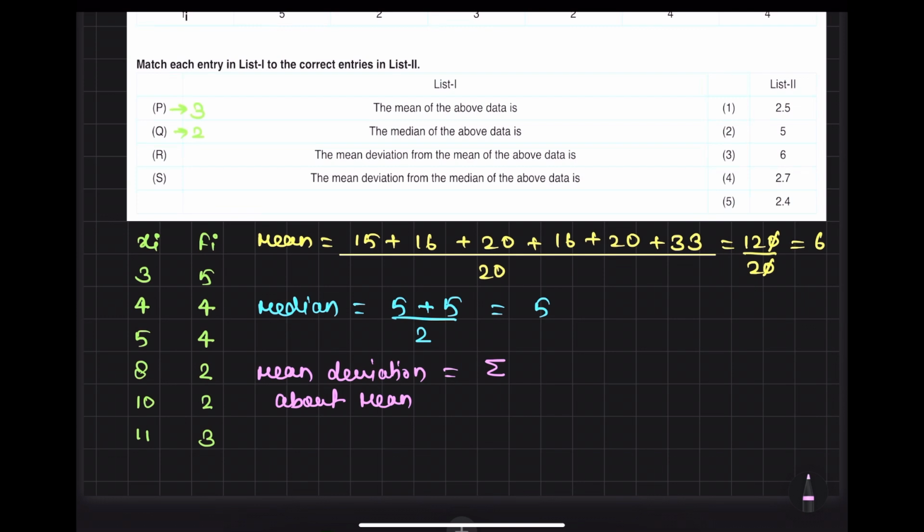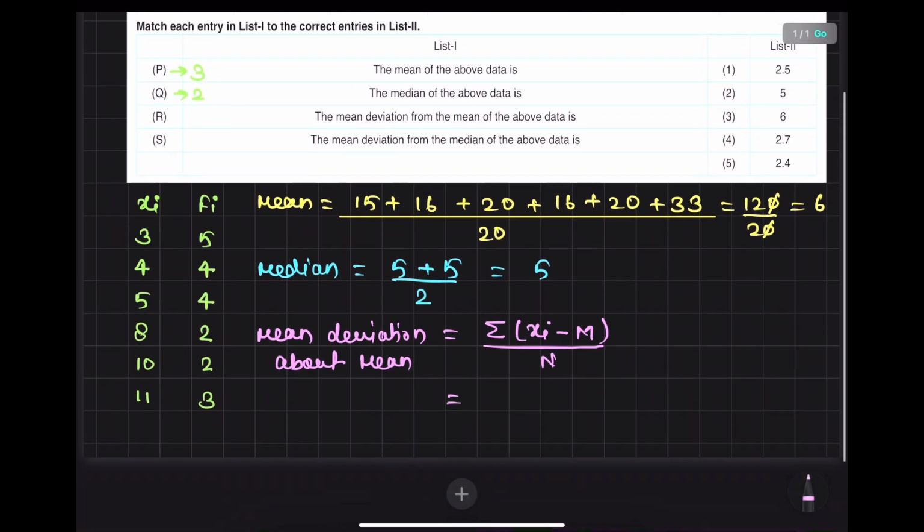Summation: from every element I have to subtract the mean, and then add, and then divide by the number of terms. The number of terms is 20. Okay, so look at this. First we will go with mean, and then second is median. Okay, so both are almost the same.